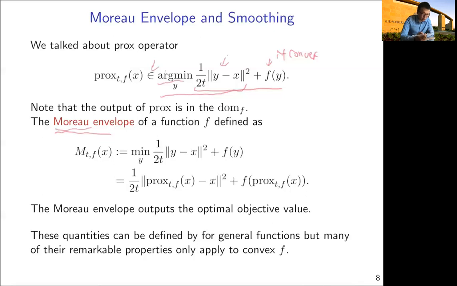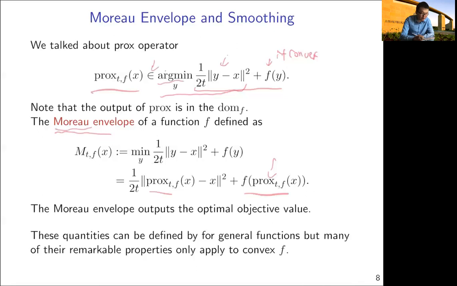So the Moreau envelope is defined as just the objective function value of the minimization problem that you solve in the prox. If you just plug in the prox, then you will see that it becomes something that's, sorry, not a constant, but a sum of two things involving the prox operator.